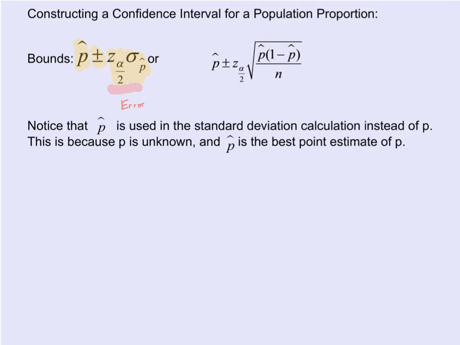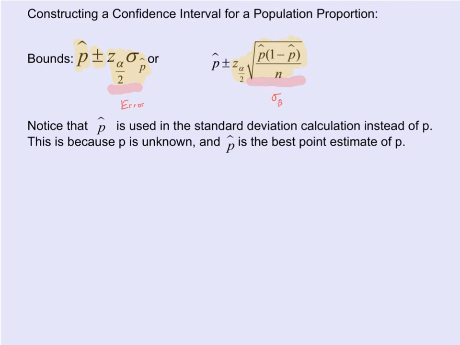But on the right, what we've substituted in for the z-score times the standard deviation is really just the standard deviation formula. So this is the same thing, but with the standard deviation formula plugged in. Right there, that is the sigma sub p hat. So the left and the right are the same.